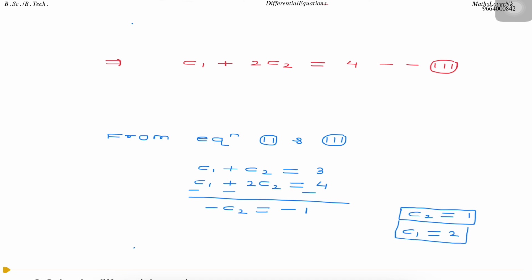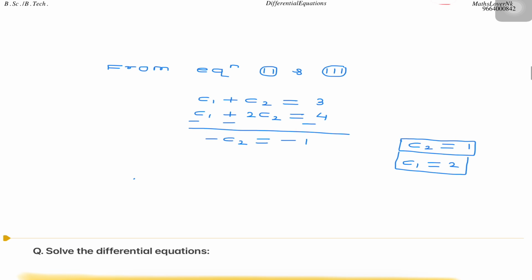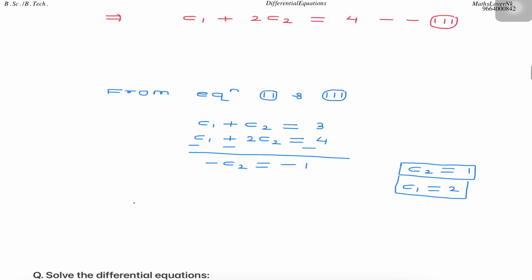I think you understand how we can solve it. Now the general solution is given by y is equal to C1 e the power x, so 2 e the power x plus C2 e the power 2x, so e the power 2x, minus x into e the power x.